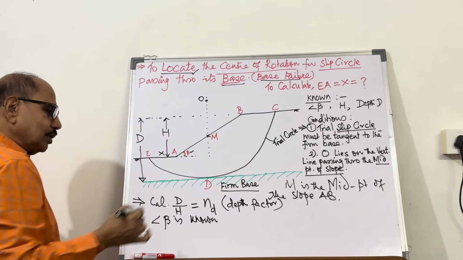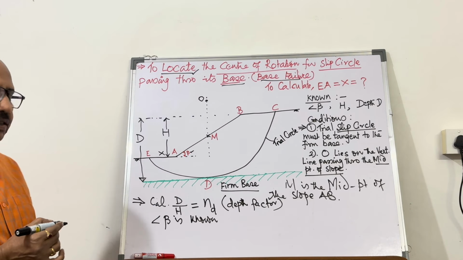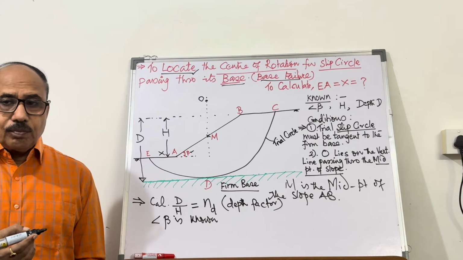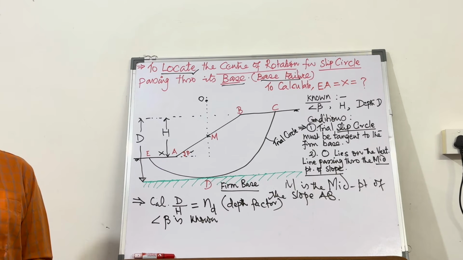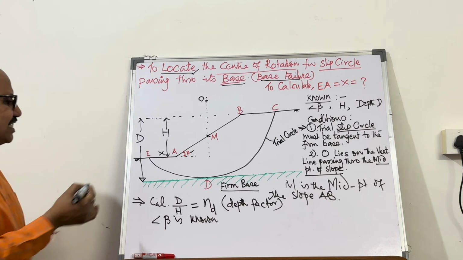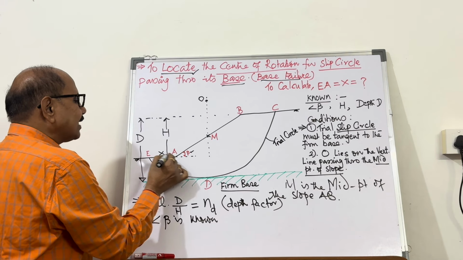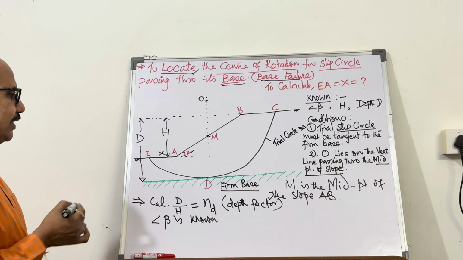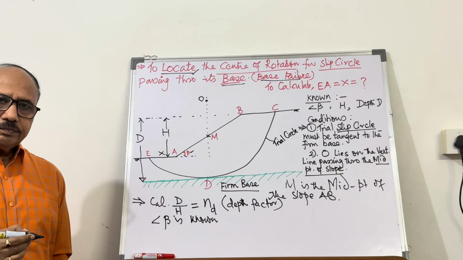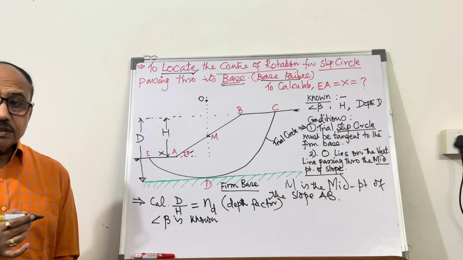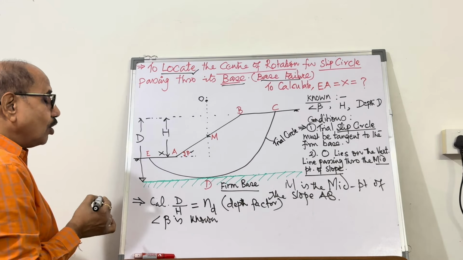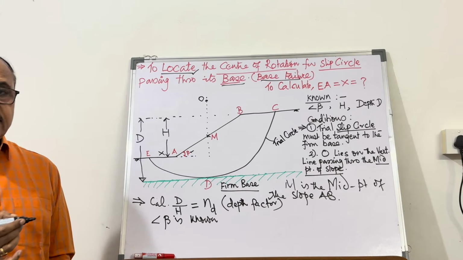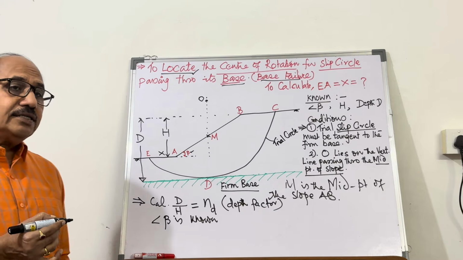So what you know now is the depth factor, and also you know the slope angle. Once you know this, you can easily find out the value of x, that is EA. EA can be found out very easily, because you can make use of the chart given by Fellenius way back in 1927.